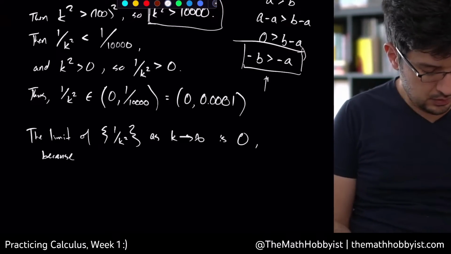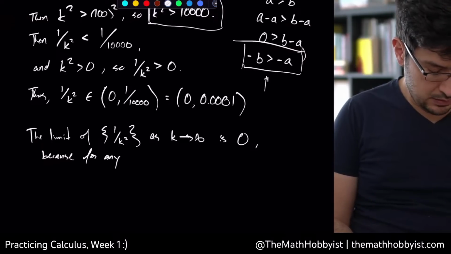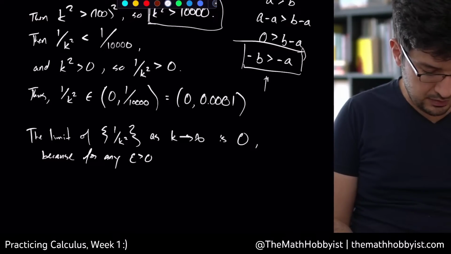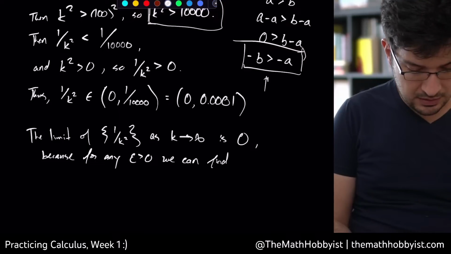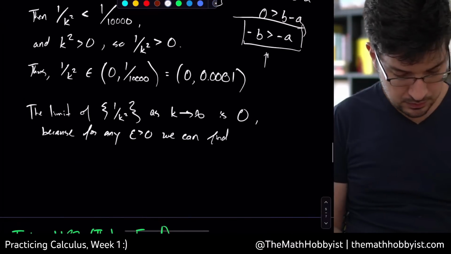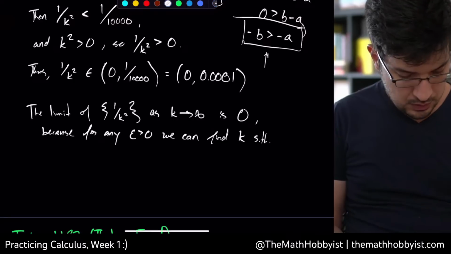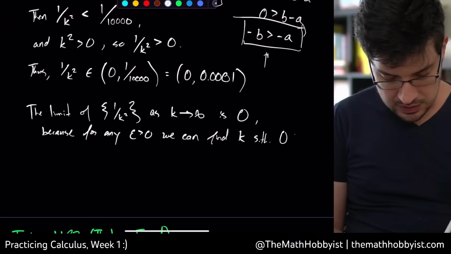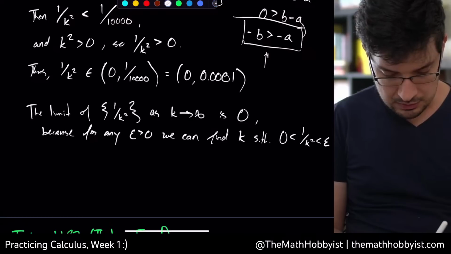Because for any epsilon greater than 0, we can find a k such that 0 is less than 1 over k squared, which is less than epsilon.